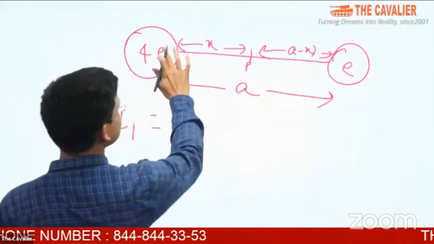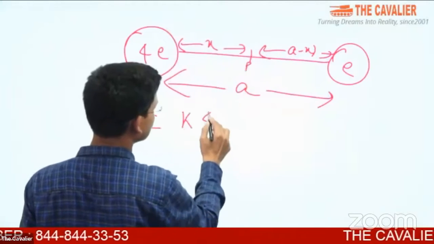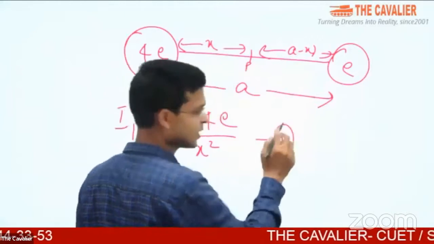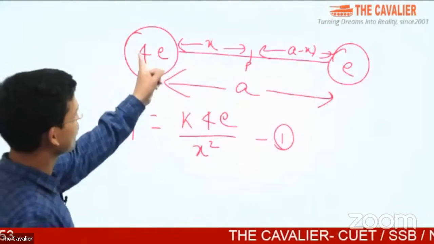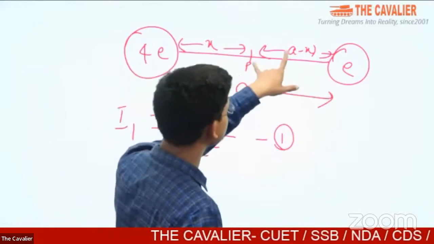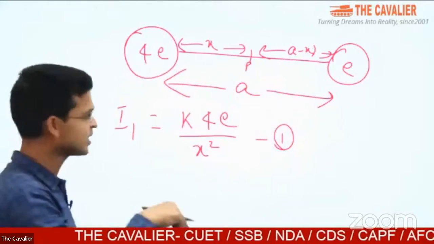Now we find the intensity at point P due to this charge: I1 equals K times 4E upon x square. This is the first equation. Intensity will be zero if the force acting on this point due to one charge and the force due to the other are equal and opposite. Then the intensity will be zero.